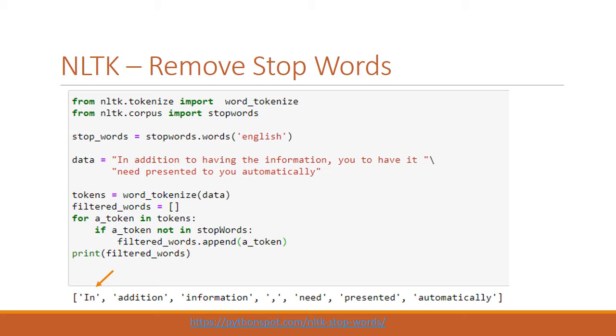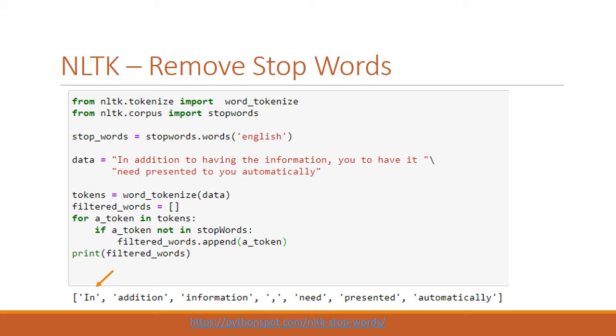So for each token in our token list, we see if it's a stop word. To do that, we say if a token is not in stop words, then add that token to our filtered list: filtered words dot append and pass in that token. We process every token in our token list. If it's not in stop words, we add it to our filtered words, and then we print out our filtered words.